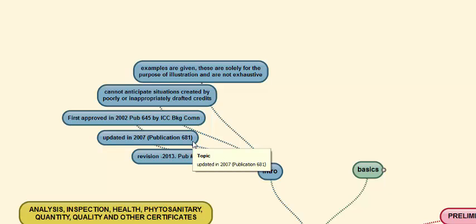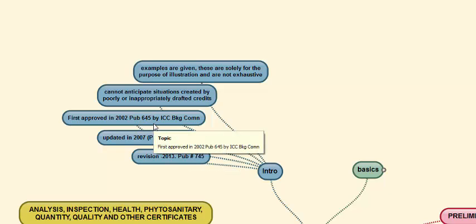By the time 645 was updated in 2007 as 681, the UCP 600 was in place, and ICC publication 681 was a companion to this UCP publication. There were not many changes, because the international standard banking practices discussed in the first version were already understood and appreciated by the people.